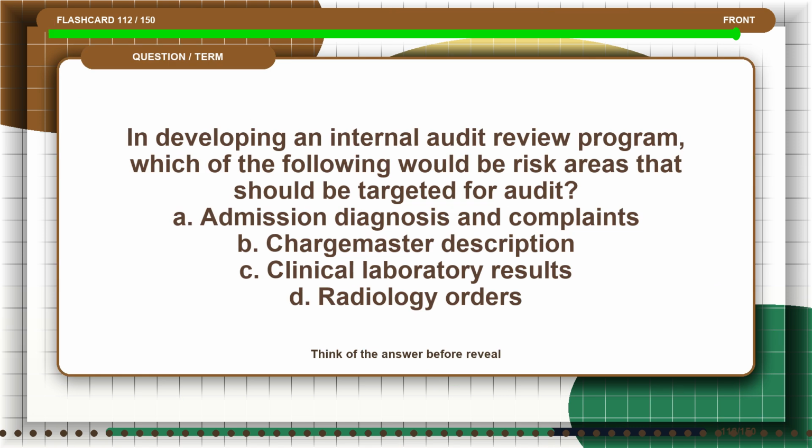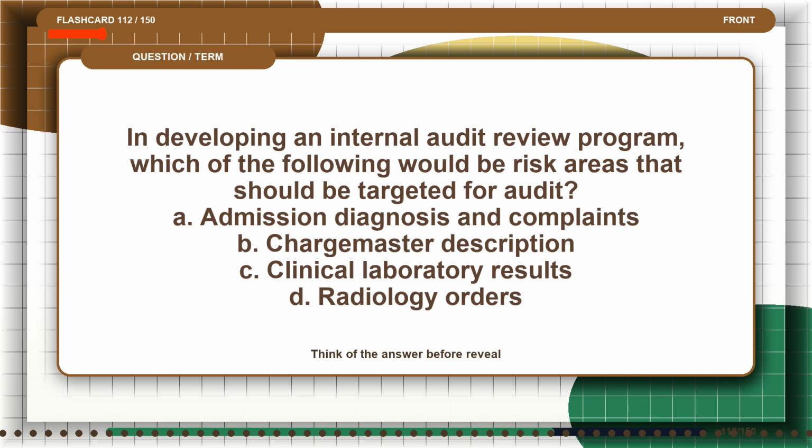Flashcard 112. In developing an internal audit review program, which of the following would be risk areas that should be targeted for audit? A. Admission diagnosis and complaints. B. Chargemaster description. C. Clinical laboratory results. D. Radiology orders.